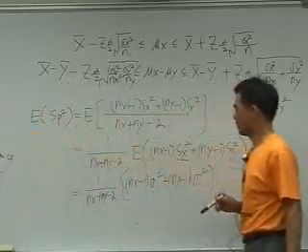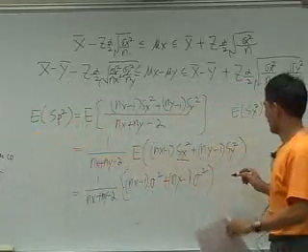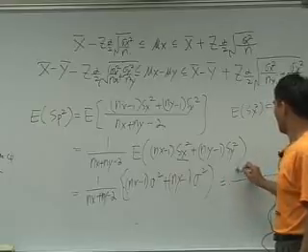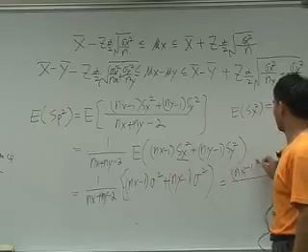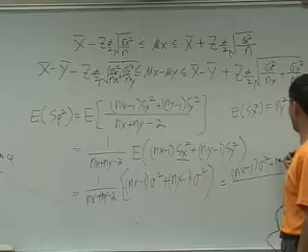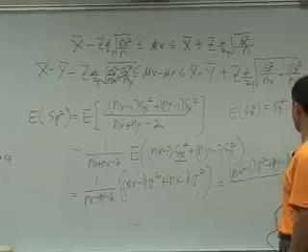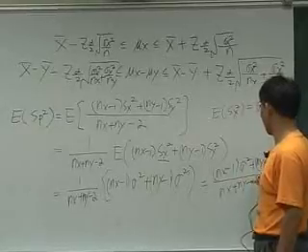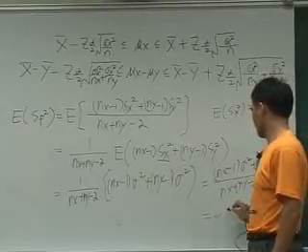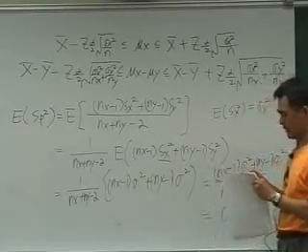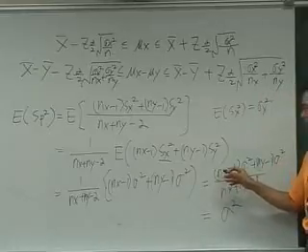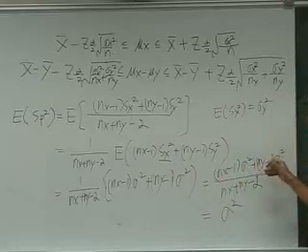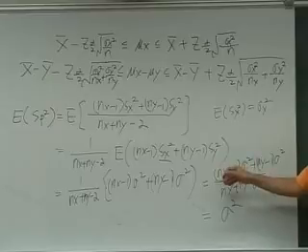So this is what you get: nx minus 1 sigma squared plus ny minus 1 sigma squared, divided by nx plus ny minus 2. So what you get? Sigma squared. Because here it is nx minus 1, here it is ny minus 1, so it is nx plus ny minus 2.